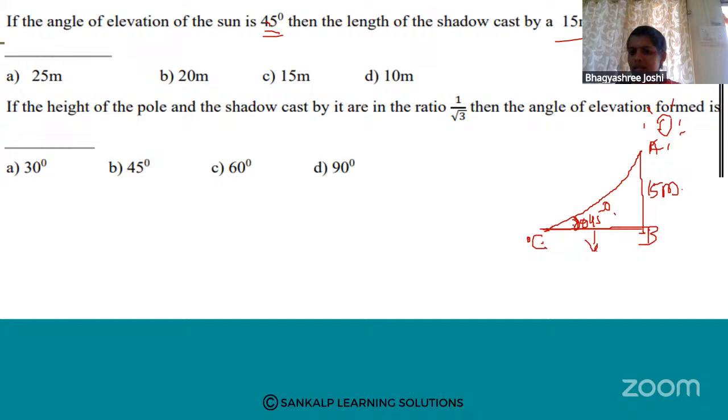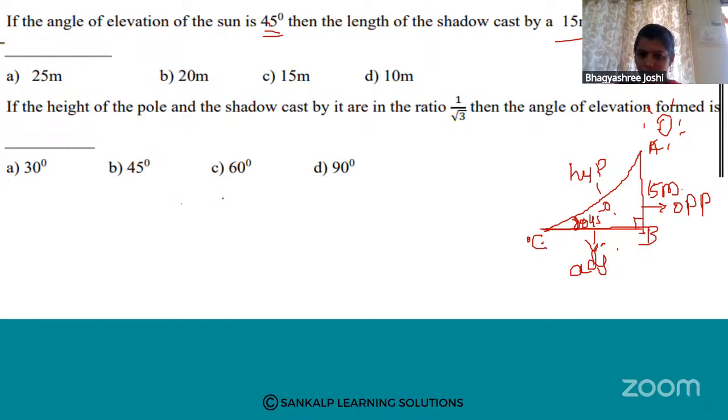This we want. Yes, dear students, theta is here. That means this is the opposite side, it makes an angle 90 degree here, so this is the hypotenuse and this is the adjacent side. Now we want the value of the adjacent side, that is the length of the shadow, so BC value we want.